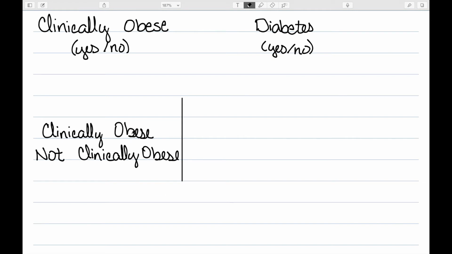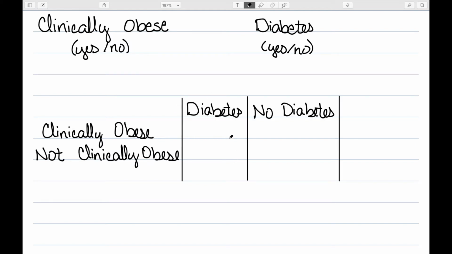So we have one for yes, clinically obese, and one for not clinically obese. Our second variable is columns for diabetes and no diabetes. Let's go ahead and draw a vertical line here. And we do have one extra row and one extra column. Sometimes these are not titled. Other times they are titled as total.